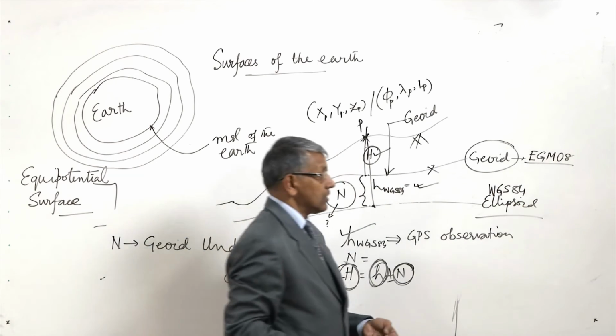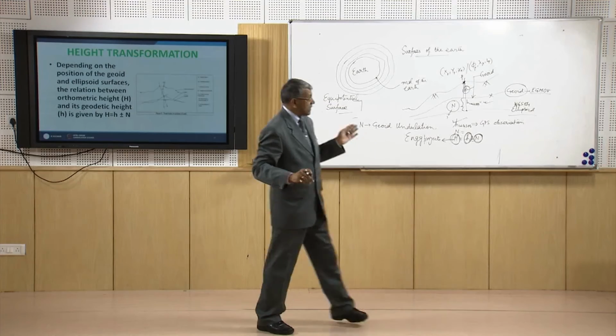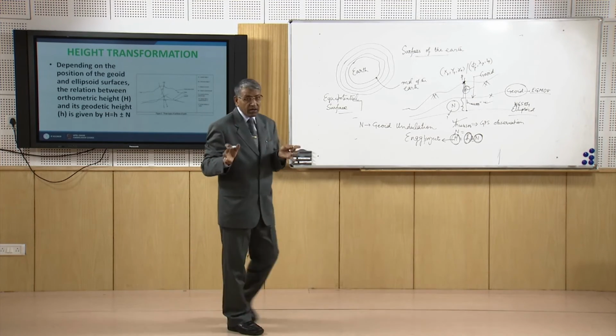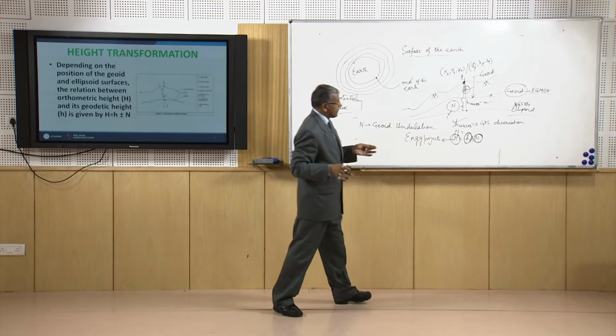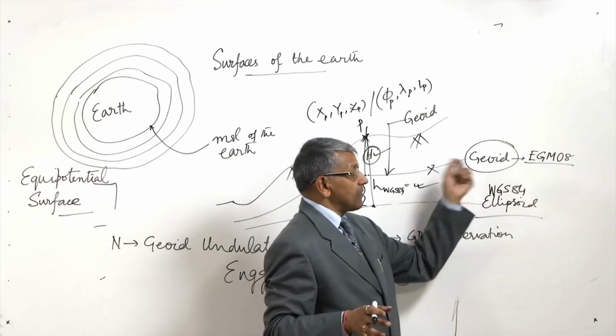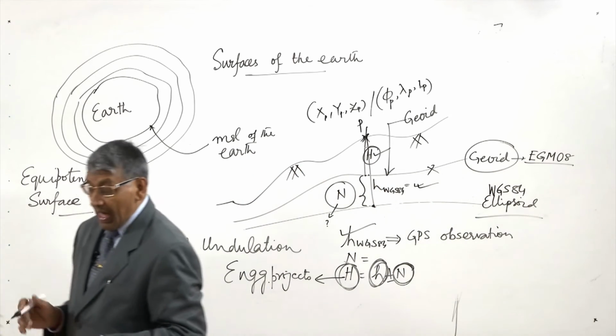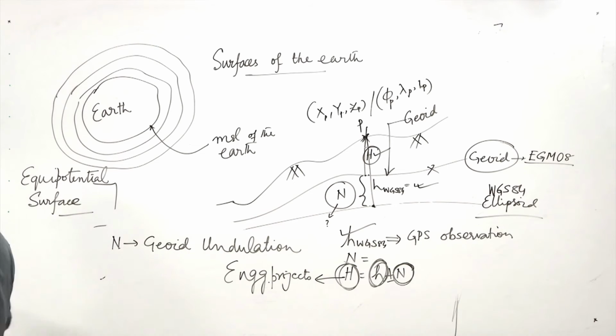So it is denoted by EGM08. This is a mathematical model which represents the geoid surface of the earth, and it is available on the internet.